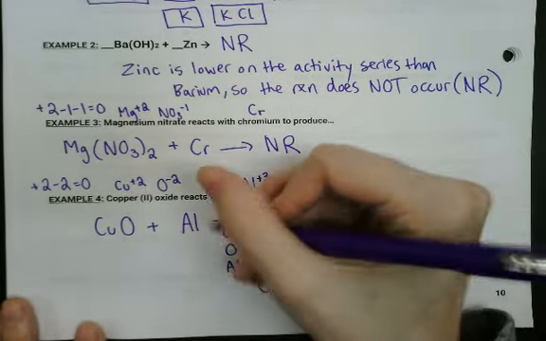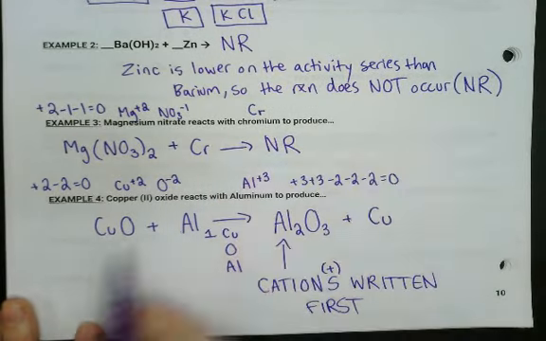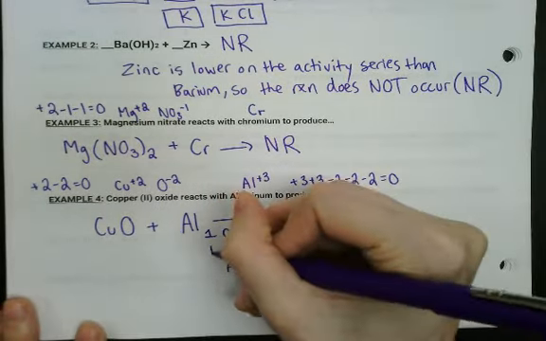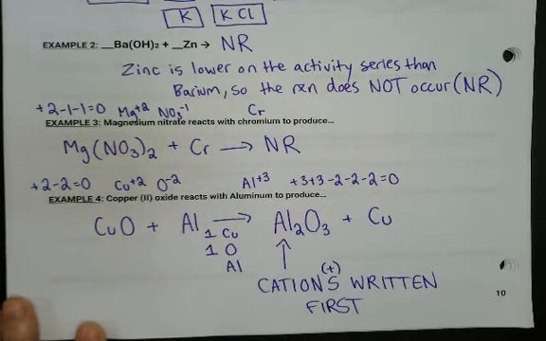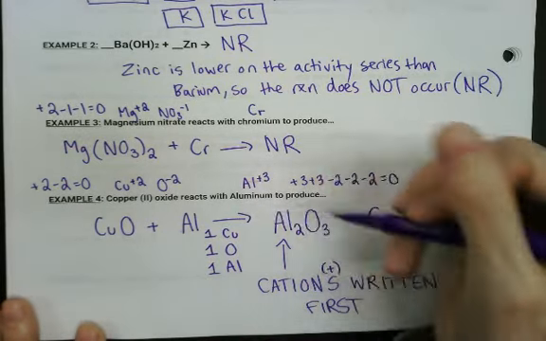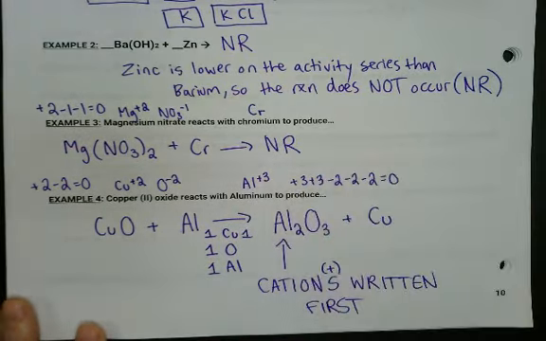So I see I have 1 copper on my left side, 1 oxygen on my left side, and 1 aluminum on my left side. On the right side, I have 1 copper as well, 3 oxygen, and 2 aluminum.